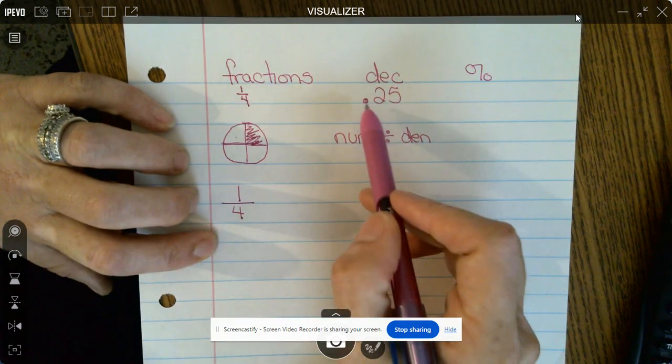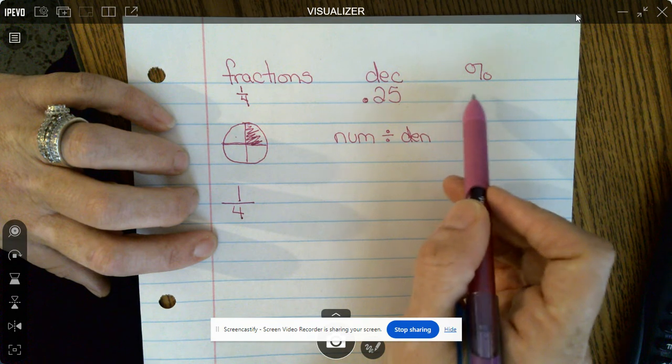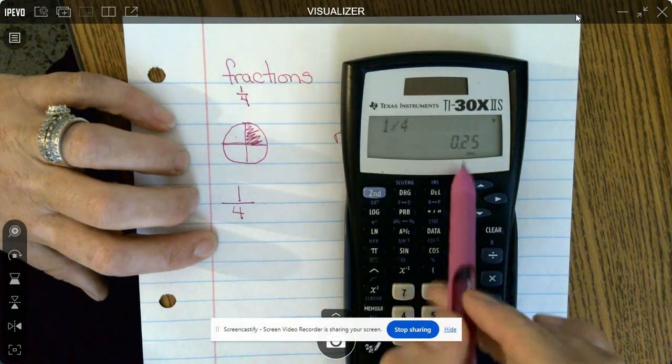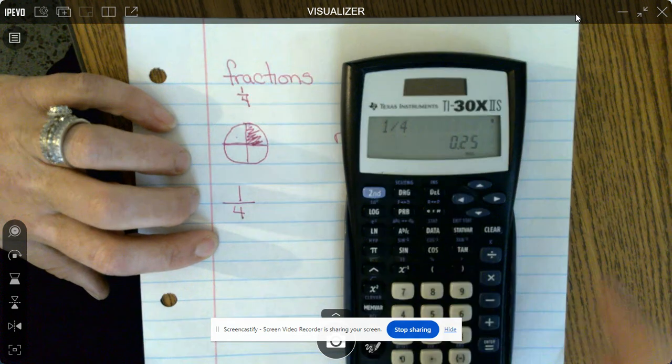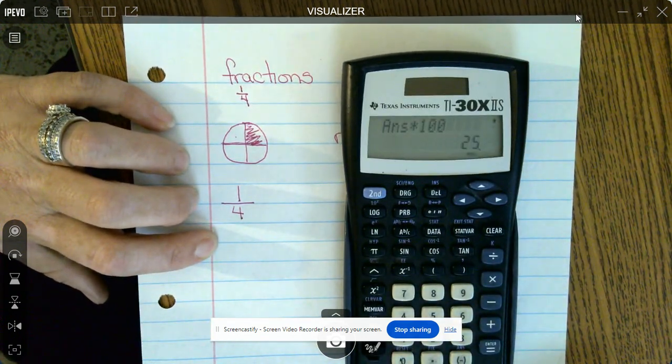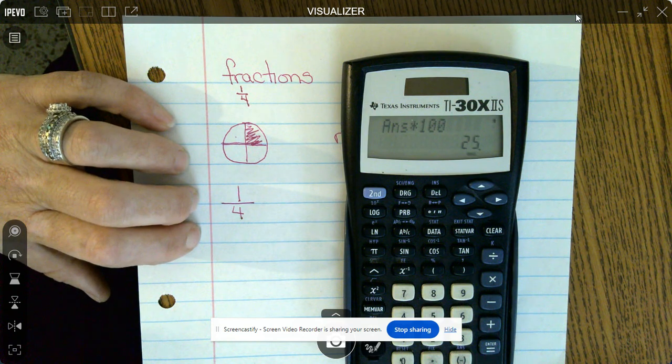If we have a decimal and we want to go to a percentage, all you're going to do is take your decimal form, 0.25, multiply it by 100 for 100%, and you guys get your 25%.